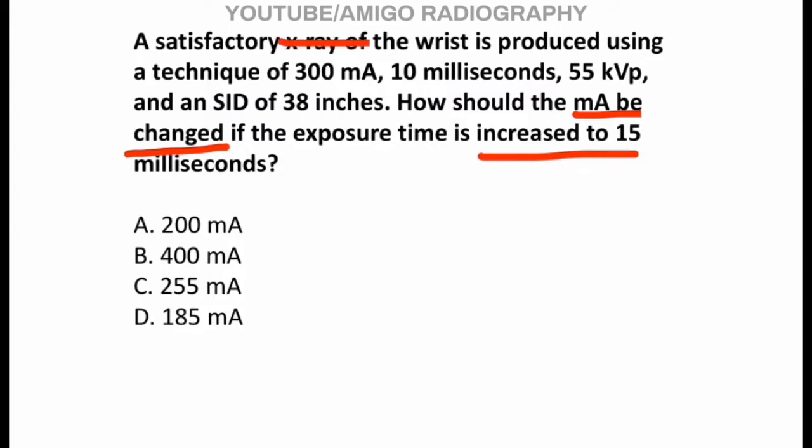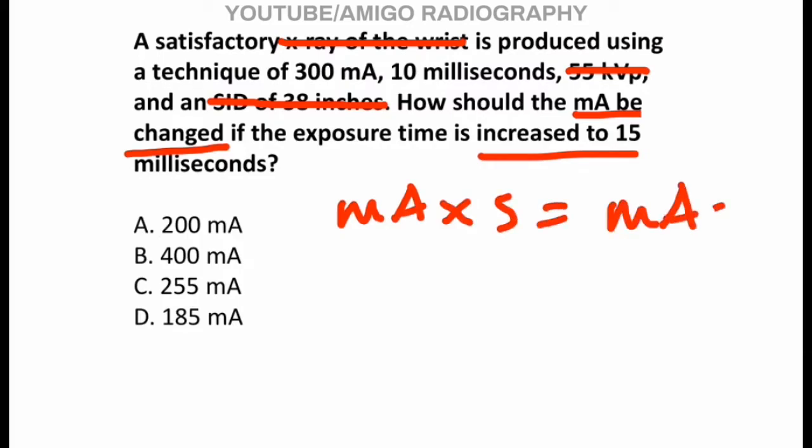It doesn't matter to us that this is an X-ray of the wrist. The kVp in this case does not matter, and the SID of 38 inches does not matter. All of those are distractors. So just remember the relationship between MA and exposure time and mass. So in this case, our initial MA is 300.